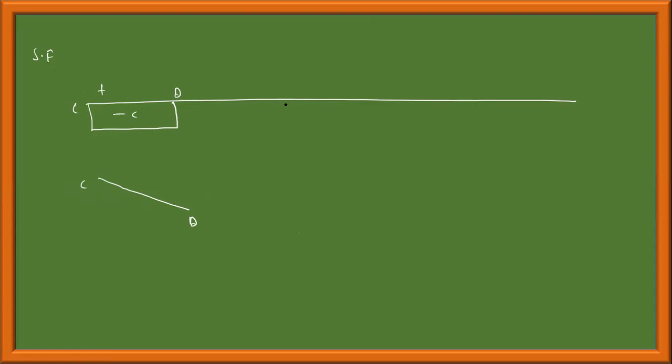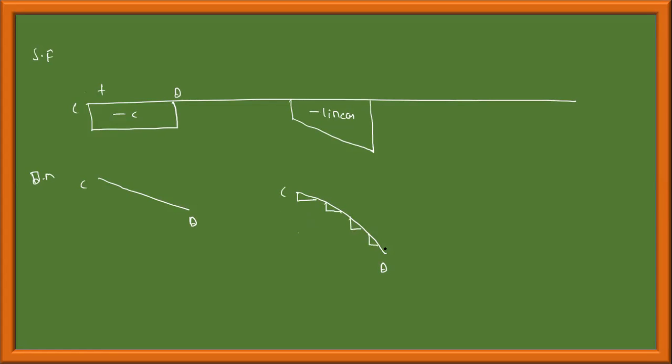Okay. Now, if the shape of the diagram is like this, then negative linear shear force, your bending moment would be like this. This is moving downwards C to D, and you can see there's a lesser slope.